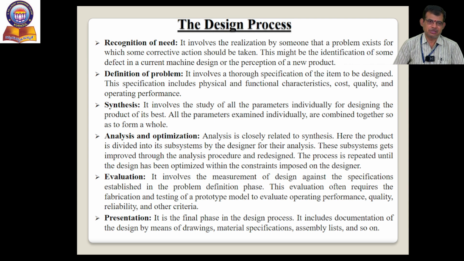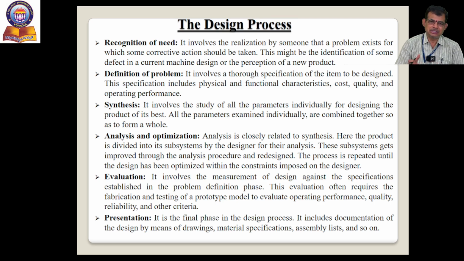You are satisfied with the new design. So then finally you give it to the manufacturing section. That is called presentation. It is the final phase in the design process. It includes documentation of the design by means of drawings, so that the manufacturing engineer will easily understand what the component is, its specifications and everything, the material specifications, the assembly list.